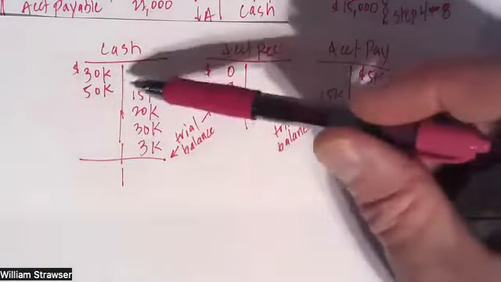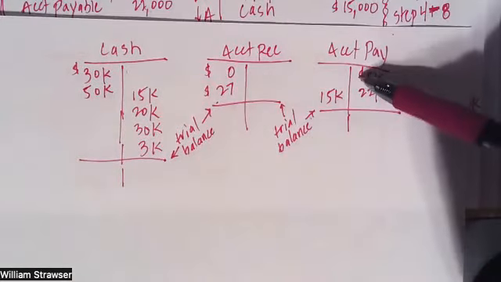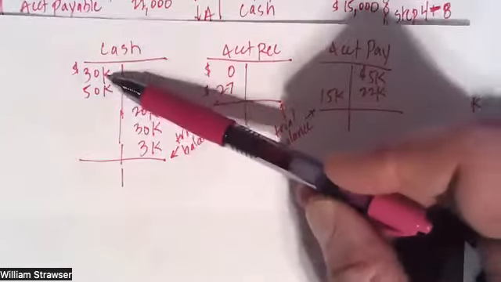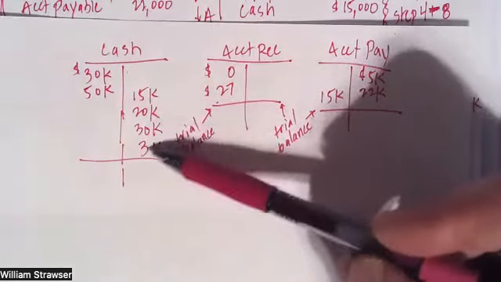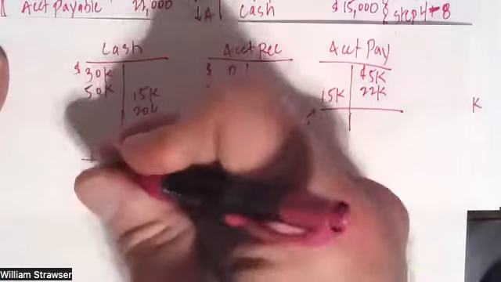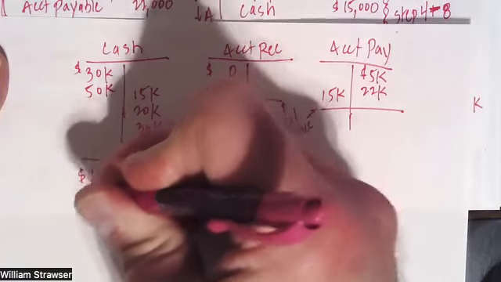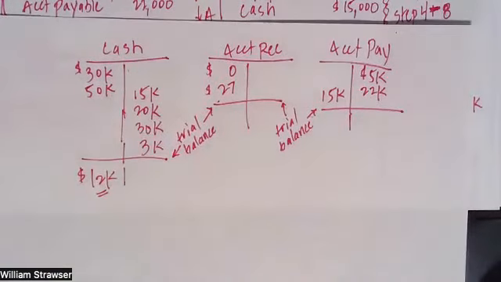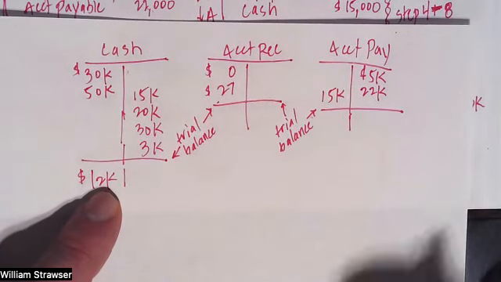And that's just going to be me reconciling these numbers, adding them up or subtracting them. So we got 30, 50, that's 80. And then we're subtracting off 68. So that leaves me with $12,000 here of cash. And that's its unadjusted trial balance amount we would see.